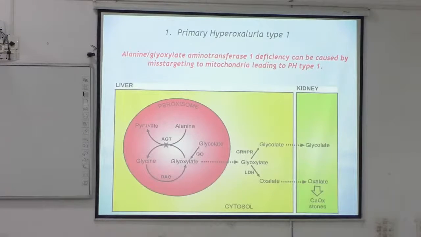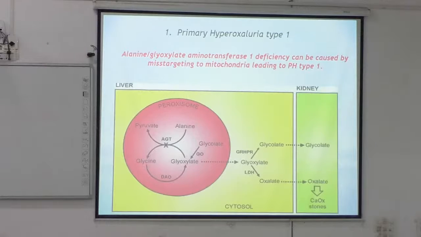But if there is a mutation or any change in the signal sequence, where this protein AGT has to come into the peroxisome, but let us say it went to the mitochondria.